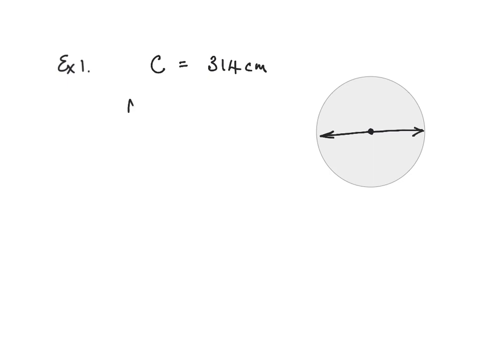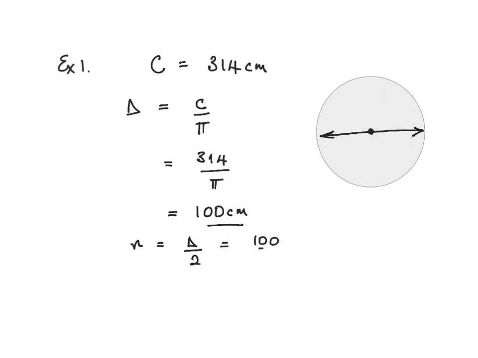So the formula we're going to use is diameter is found by dividing the circumference by pi. 314 divided by pi, and if you put that into your calculator, you'll find that the diameter of the circle is 100 centimetres. We can take this calculation just a little bit further, and we can state that the radius of the circle is 50 centimetres.